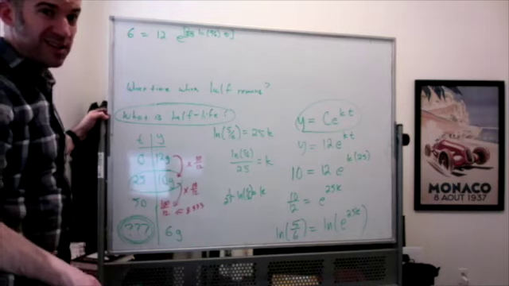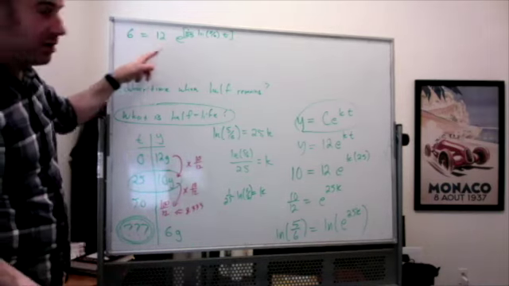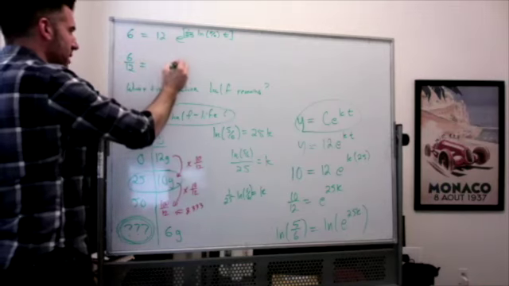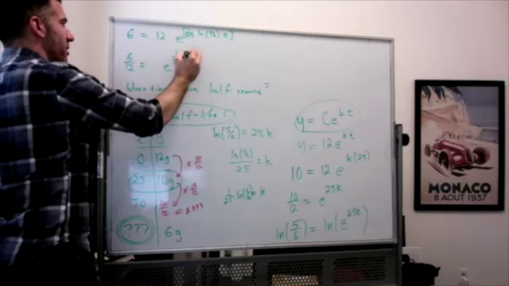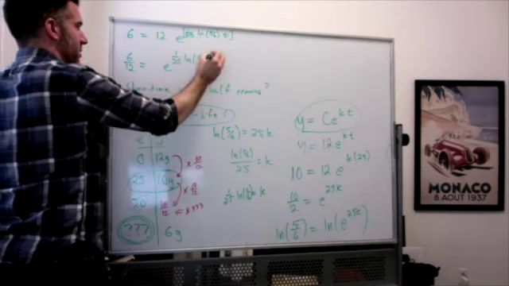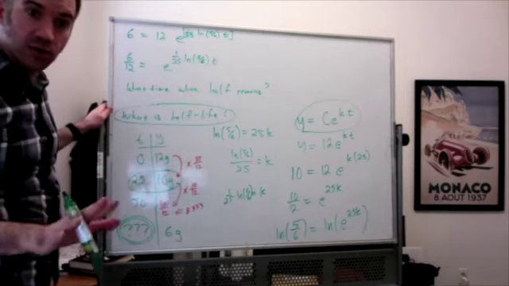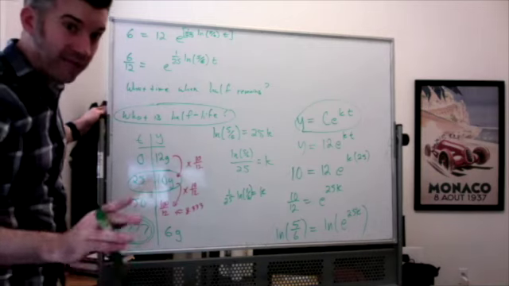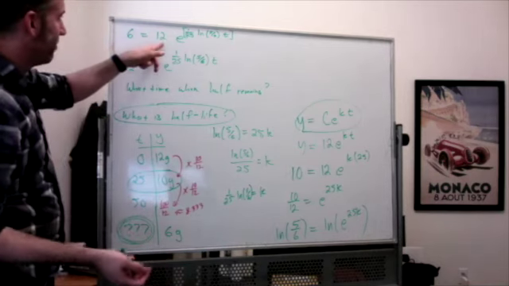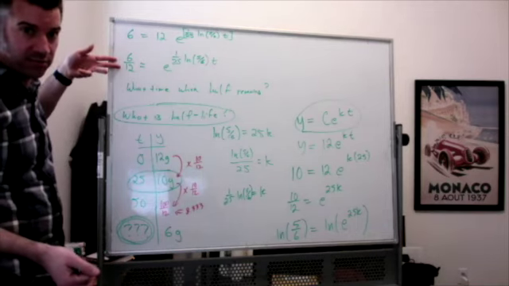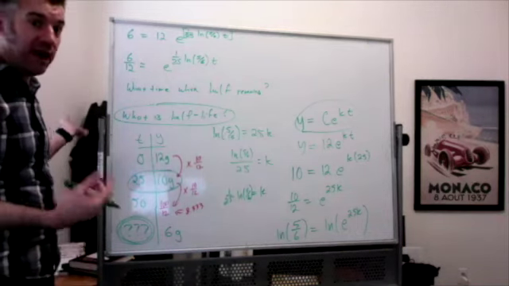First thing we're always going to do is divide by that coefficient there. 6 divided by 12 equals e to the 1/25th natural log of 5/6 t. Notice, this is always true. When you're finding the half-life, once you divide by this, you should always get 1/2 on this side. That will always happen if you're looking for the half-life.